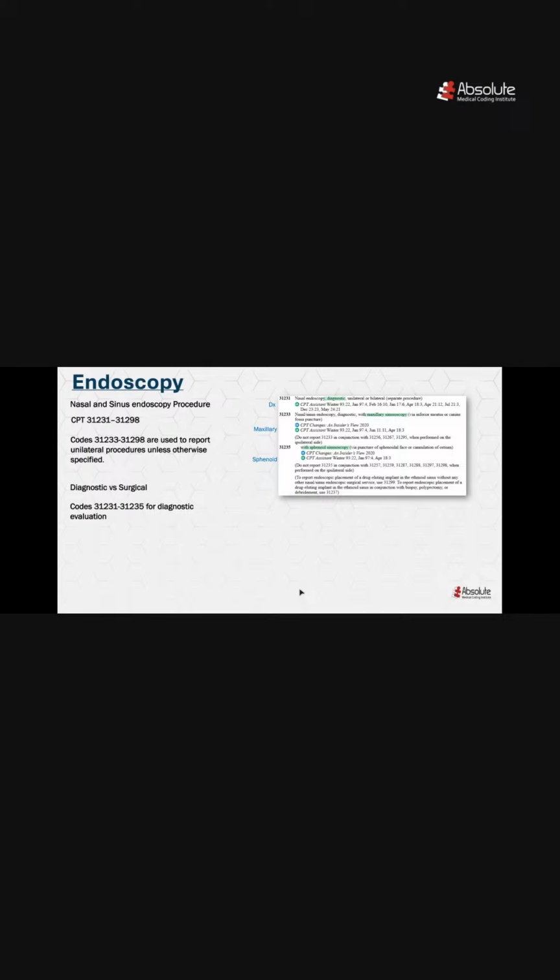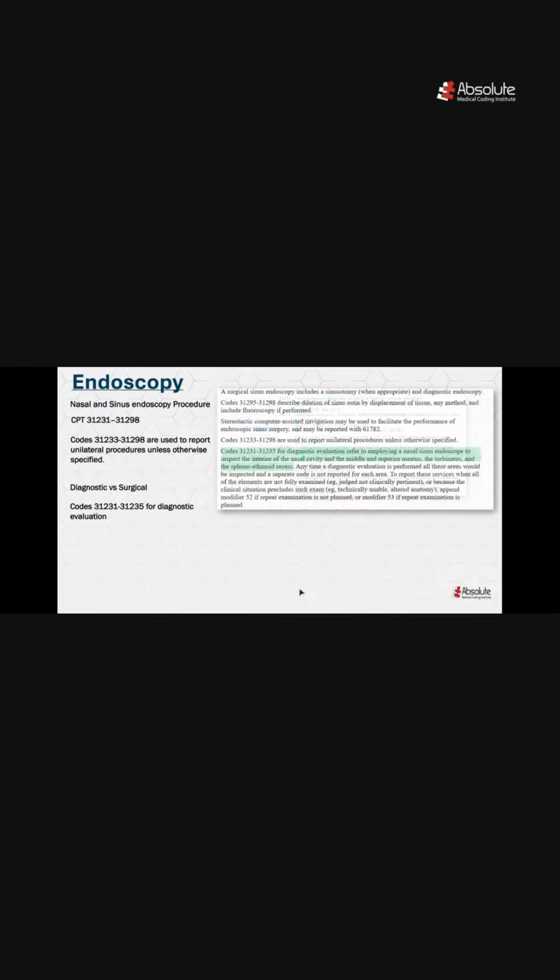These codes range from 31231 through 31235. There is an important guideline you have to take note of for these diagnostic nasal endoscopy procedures.